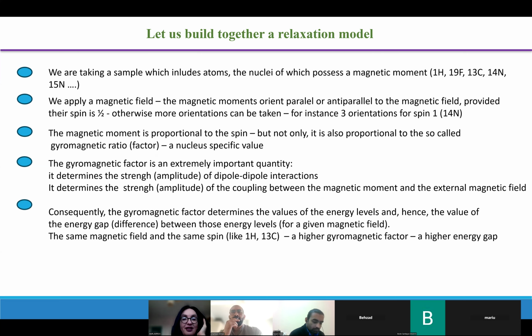Then if you have three possible orientations, it fits the concept that the spin quantum number is 1. Because then it can vary between 1 and minus 1. And as the interval is 1, it can be 1, 0, and minus 1. Three possible orientations. So if you hear about spin quantum number, just so you are not surprised, it is a quantity which is intrinsically related to the magnetic moment.